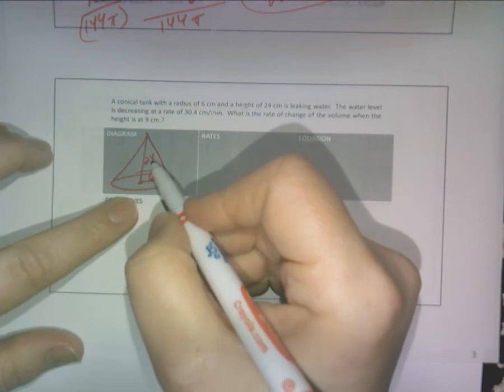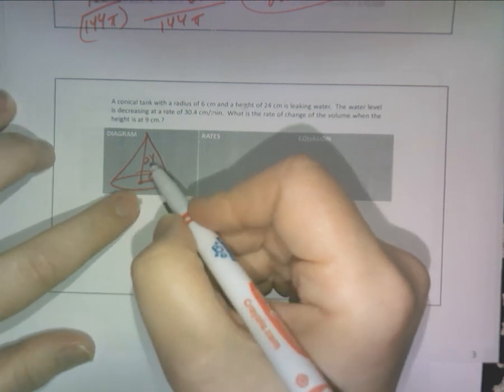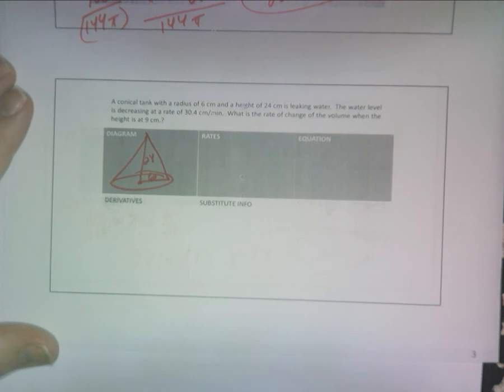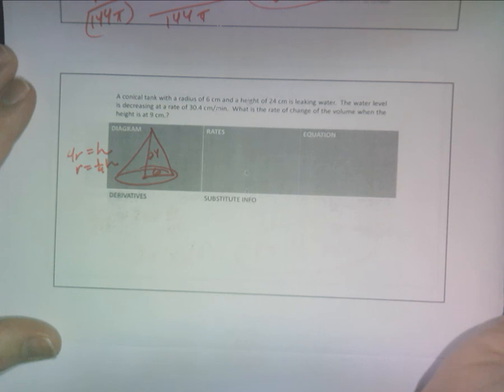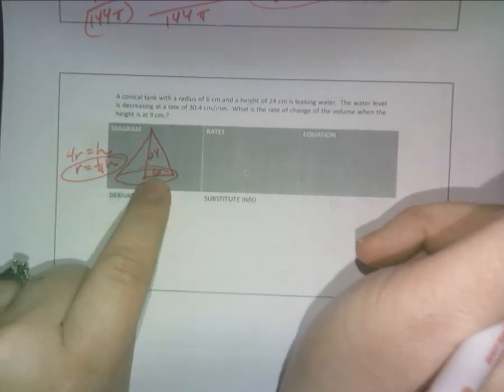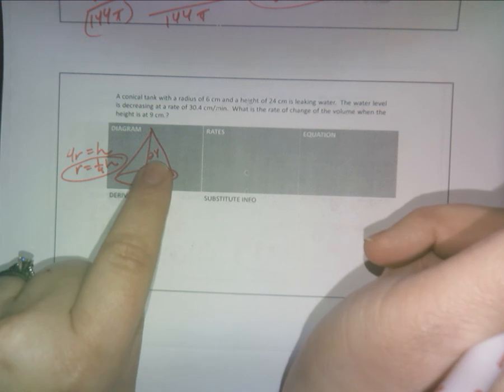So how are the radius and the height related to each other right now? 4r is equal to h, or r is equal to 1/4 of h. Would you agree to that? If I take my r and I multiply by 4, wouldn't I have my h?